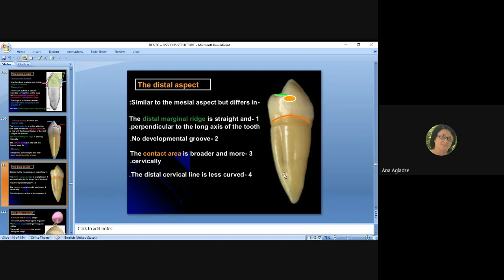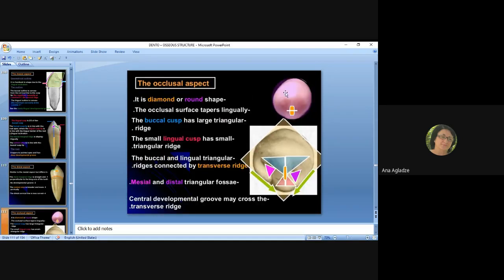You can see one and two developmental grooves, and the contact area is broader and more cervical. And this is the incisal aspect, occlusal aspect. It is diamond form and round shaped.